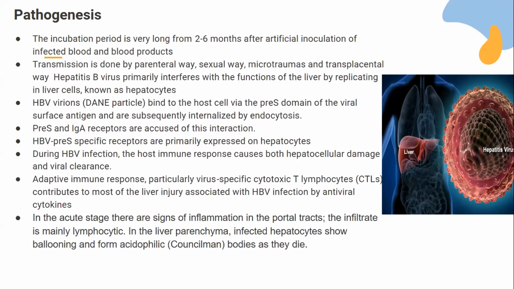Instead, injury is caused by your CD8 plus cytotoxic T cells attacking infected cells. And in the acute stage, there are signs of inflammation in the portal tracts, and the infiltrate is mainly lymphocytic. And in the liver parenchyma, infected hepatocytes show ballooning and form acidophilic bodies as they die. And next slide, please.